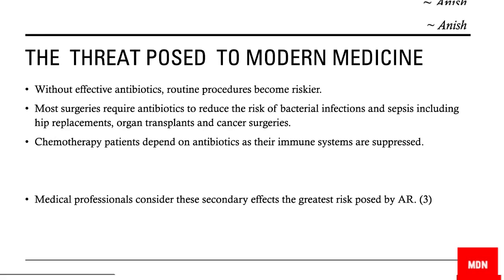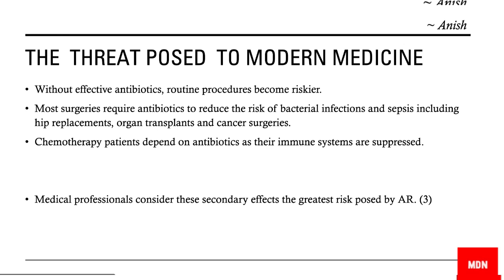So despite the size of all those figures, they don't really capture the full picture. One of the greatest worries about antibiotic resistance is that modern health systems that rely heavily on antibiotics could be severely undermined. For example, patients are given antibiotics before most surgeries to reduce the risk of bacterial infections.